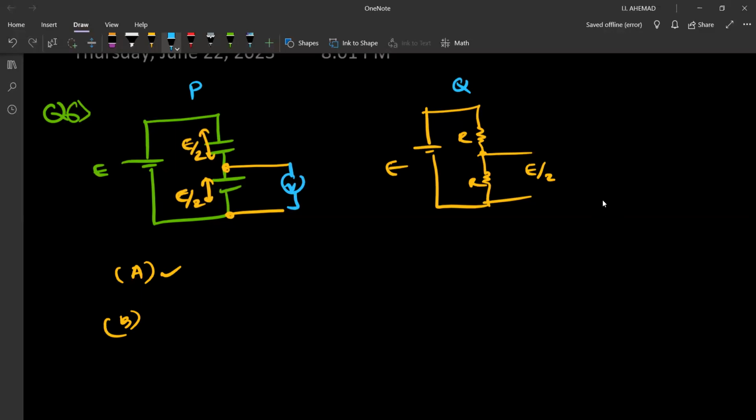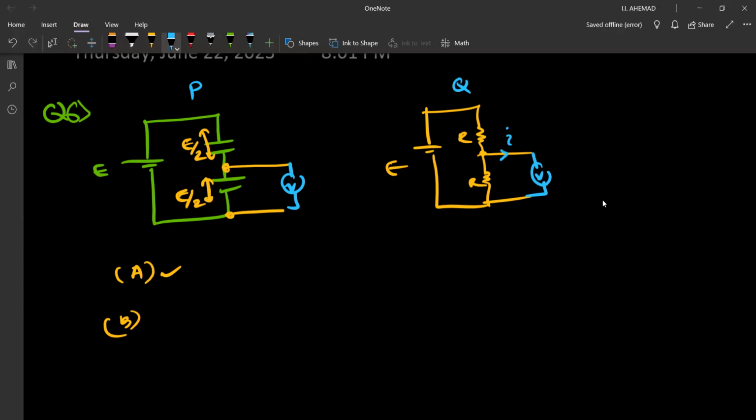This is not ideal, okay? This is real. In case of a real voltmeter, how about the current flow through this? We have a current flow through the voltmeter.